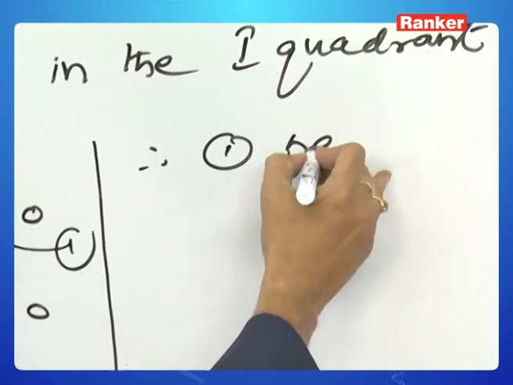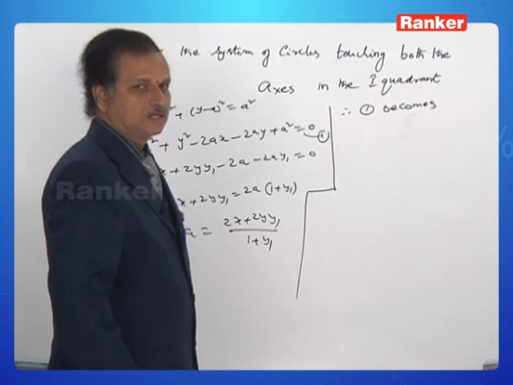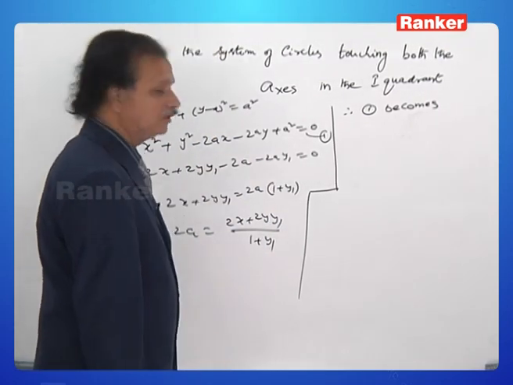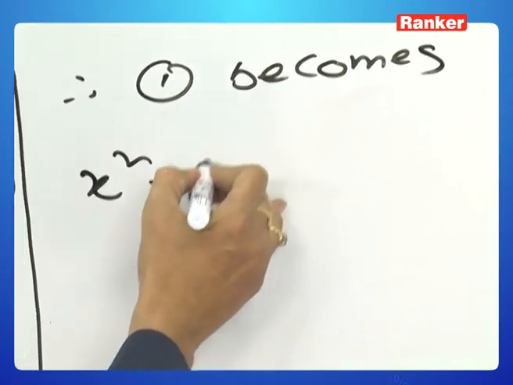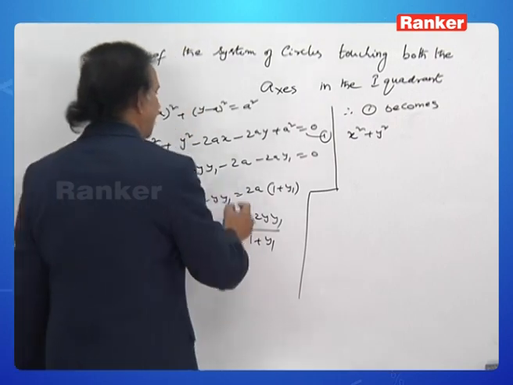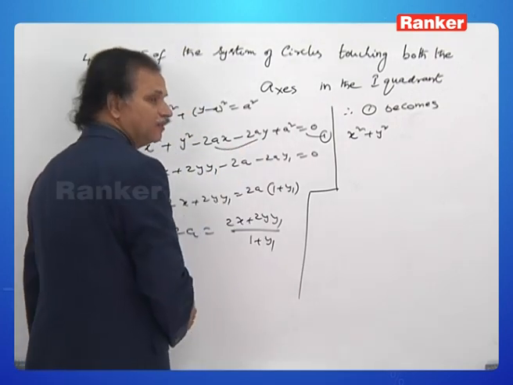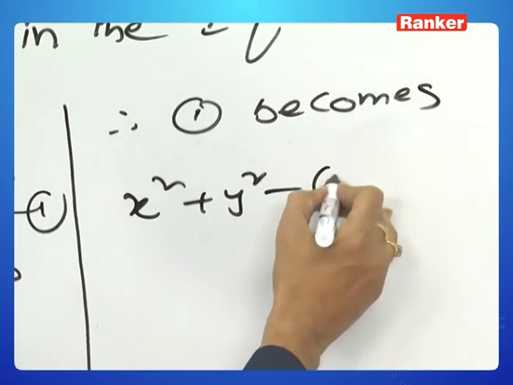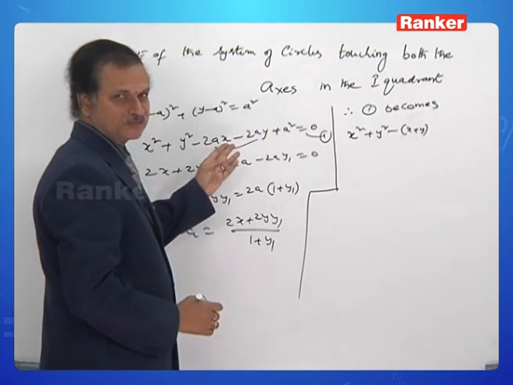We are ready to substitute this value here. What is this actually? x² + y², taking minus 2a as a common factor: minus (x + y) into 2a.